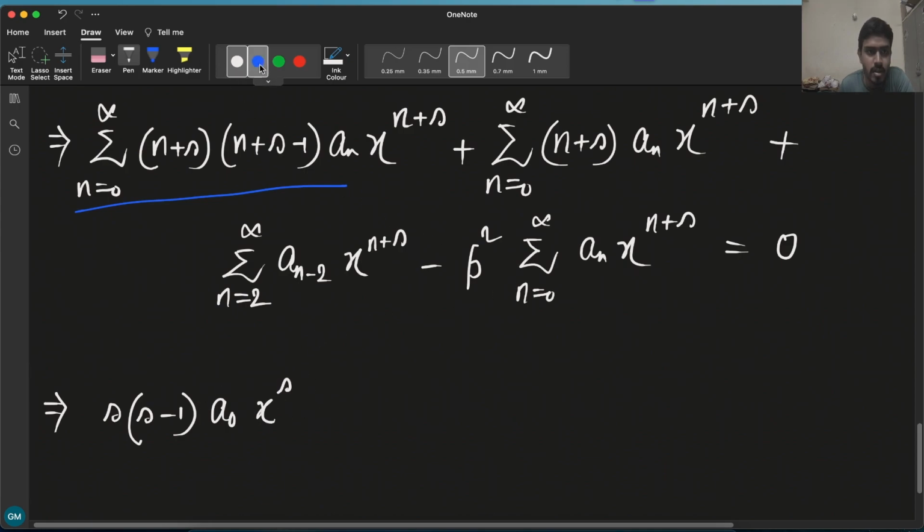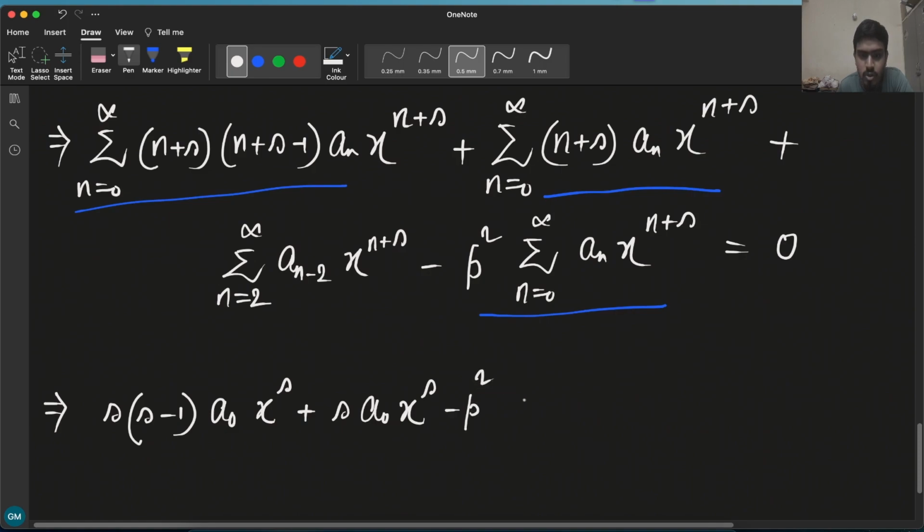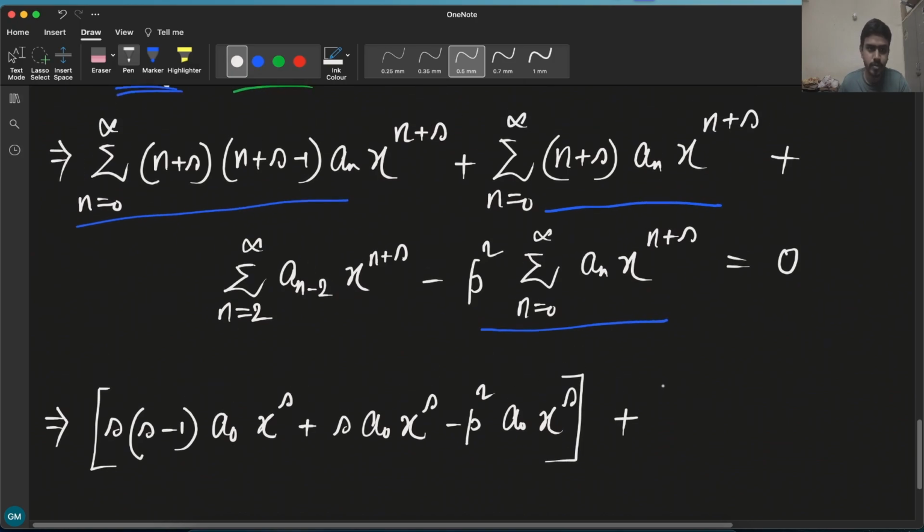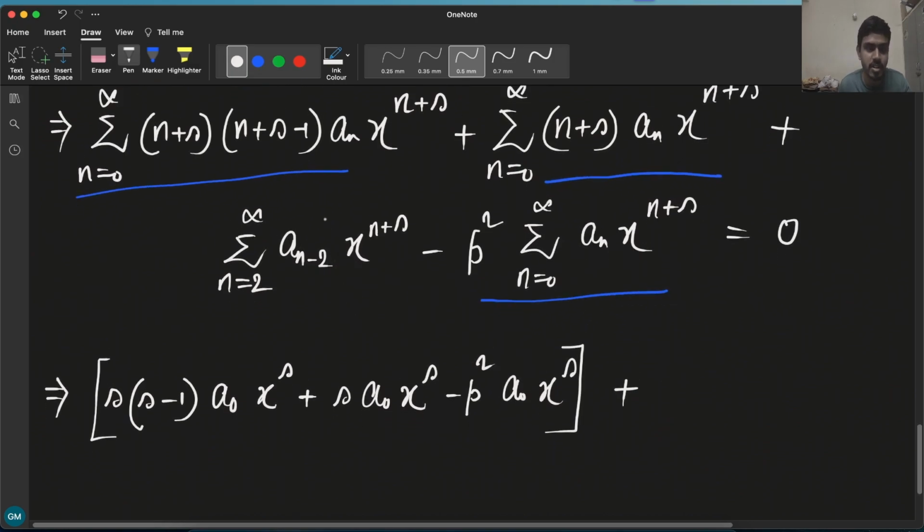Now if I write n equals 0th term from this term, then it will be plus s times a0 x to the power s, and if I write n equals 0th term from this term, then it will be minus p square a0 x to the power s, plus, then I will write n equals 1th term.